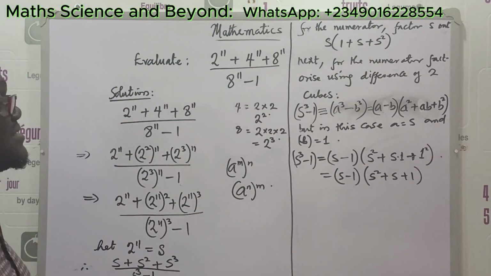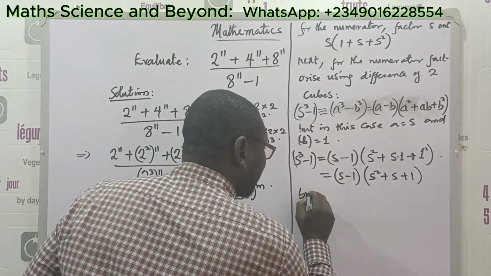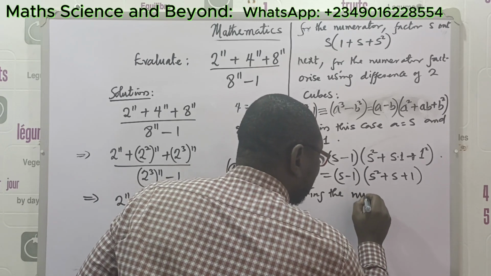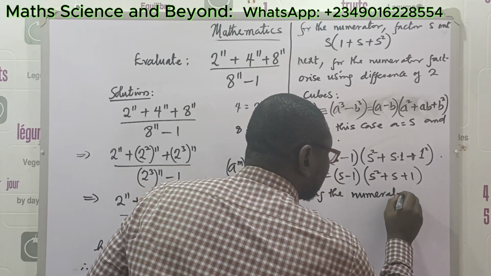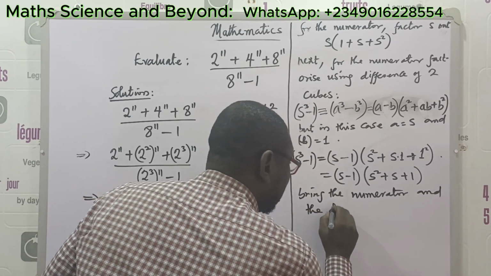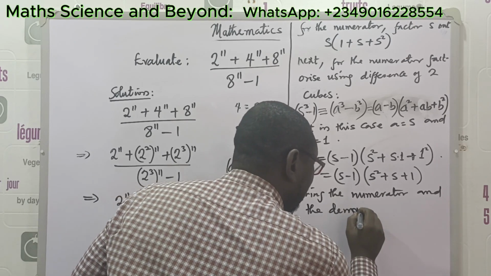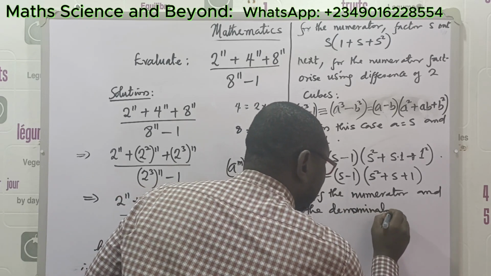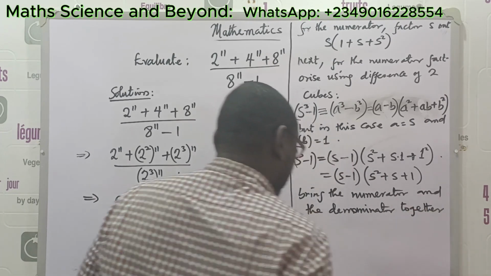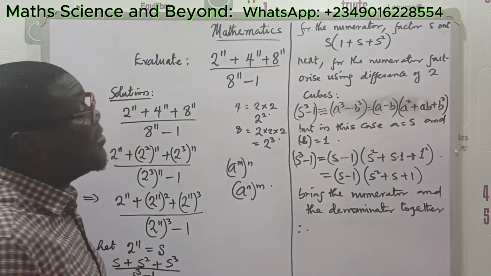So in that case, we'll bring the numerator and the denominator together. Therefore, we will have what?